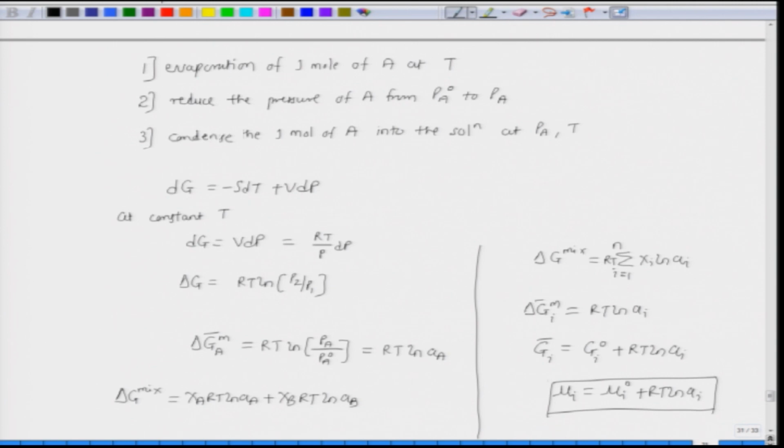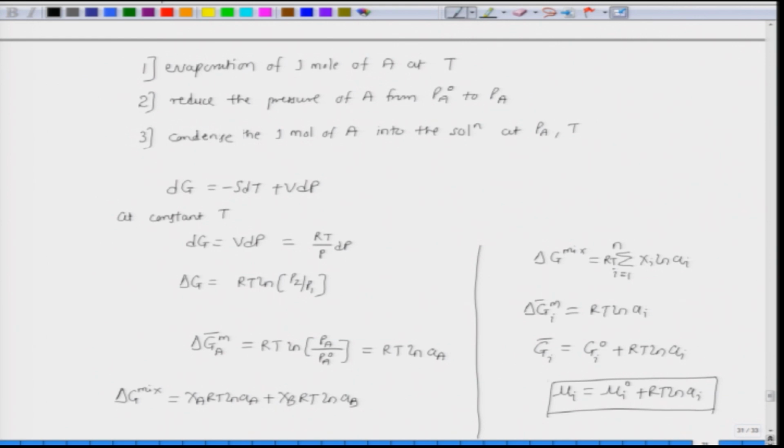You can define any state as standard state. In this case our standard state was pure i. More specifically, the standard state conventionally is defined as pure component i in its stable state at the temperature being considered.